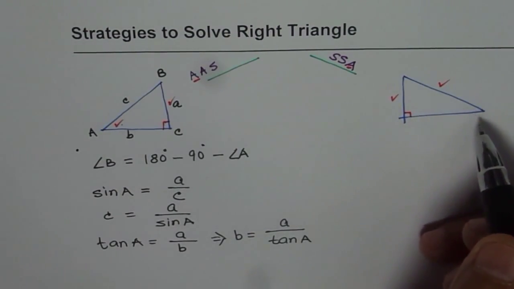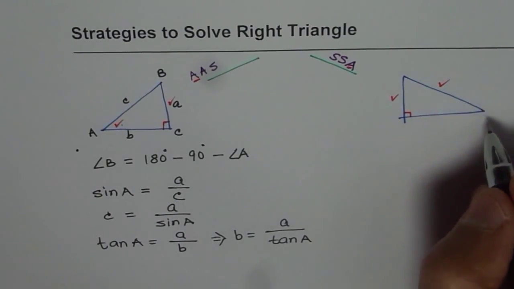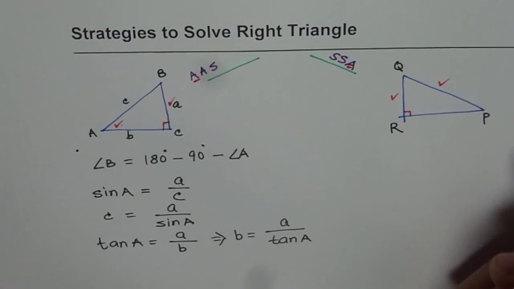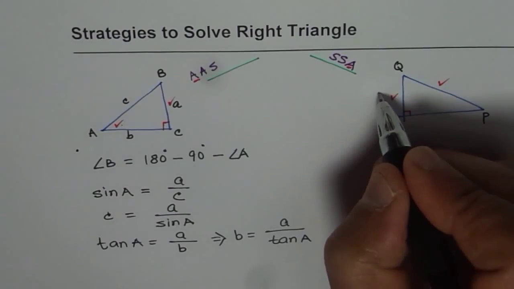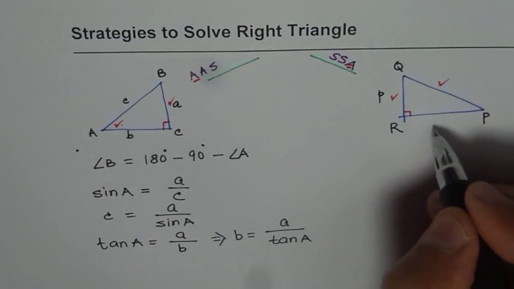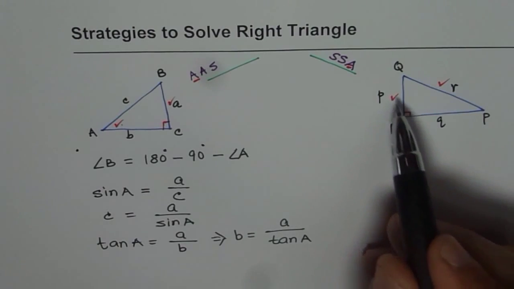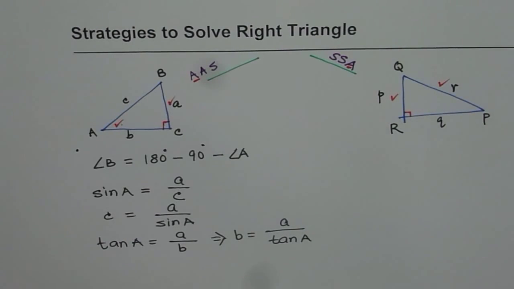Now let's look into the next triangle. Let me label this as P, Q and R. So the first step always is to label your triangle. Sides opposite to capital P will be small p, and similarly q and r, correct? Now in this case we have two sides known to us.